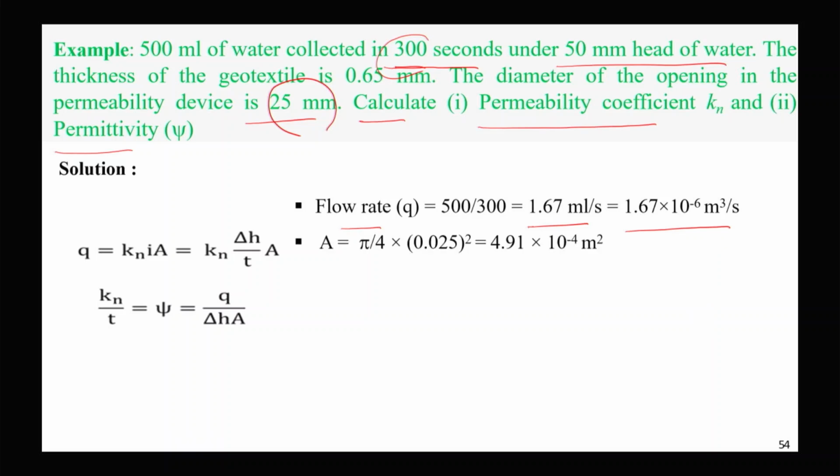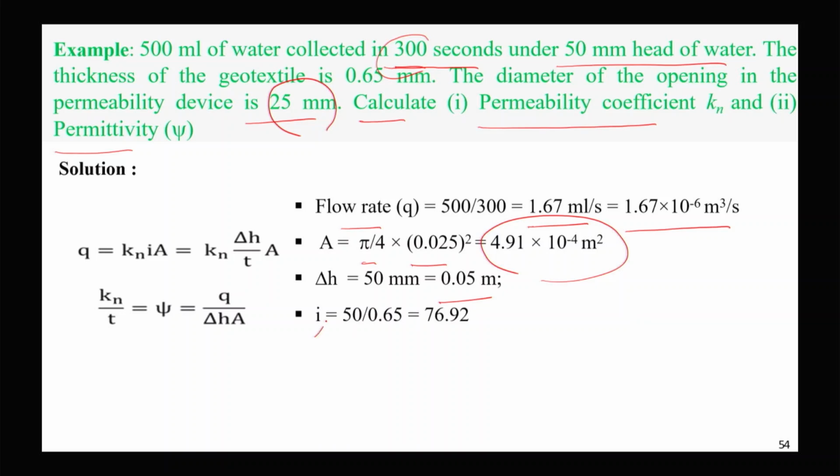Then the cross sectional area, pi by 4 times d squared, and 25 millimeter means 0.025 meter. So the area is 4.91 multiplied by 10 to the minus 4 square meter. Everything we are converting into meter. So the water head is 50 millimeter, so 0.05 meter.